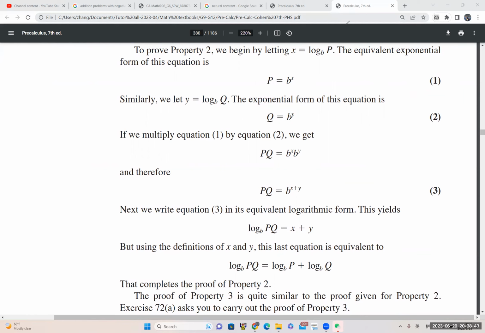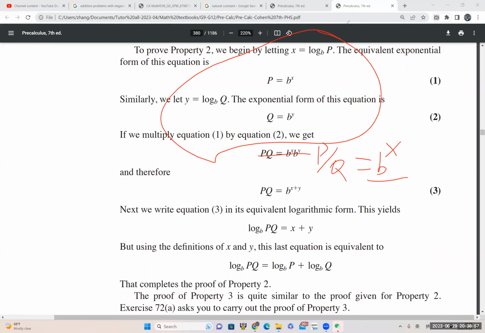I suppose the first is the same, right? Then they just do P over Q, so it's B^X over B^Y, which means B^(X minus Y).